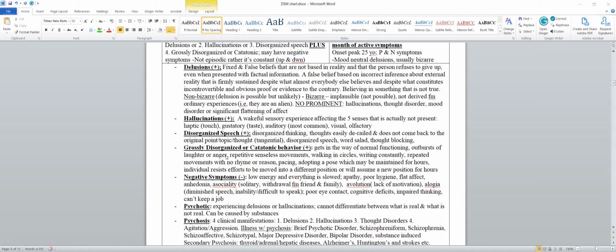A false belief based on incorrect inference about external reality that is firmly sustained despite what almost everybody else believes and despite what constitutes incontrovertible and obvious proof of evidence to the contrary. Believing in something that is not true.